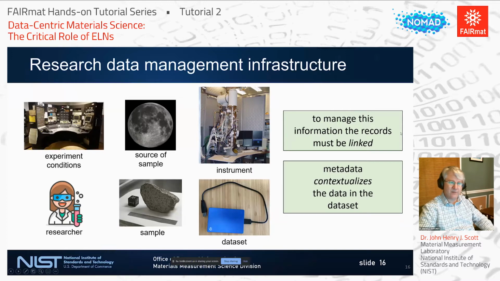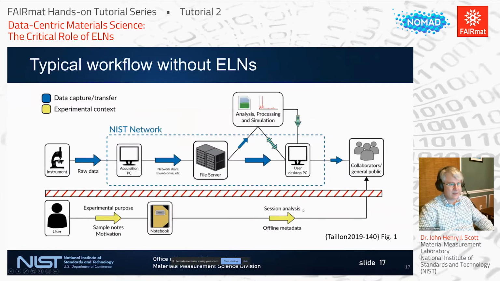And to manage this information, it's critical that these different pieces of data and relative metadata be linked to each other or connected in a relationship. And the important point for the ELN discussion is that the metadata that you store around the raw data or observational results itself contextualizes the data in the data set and makes it relevant to the study and useful in the scientific process.